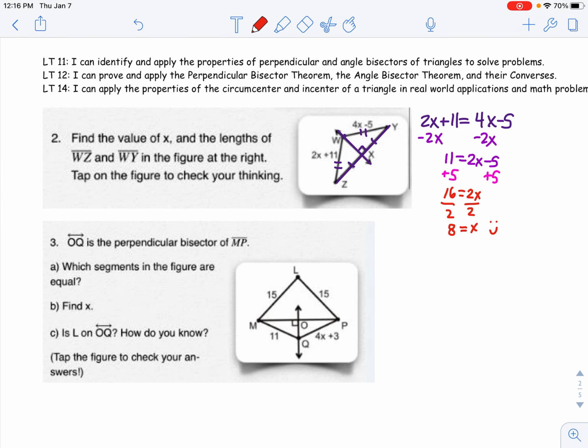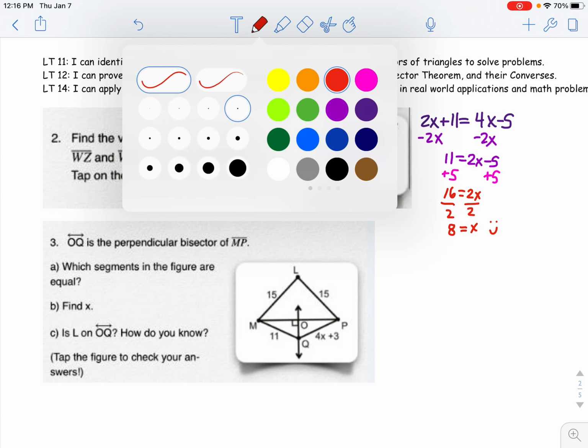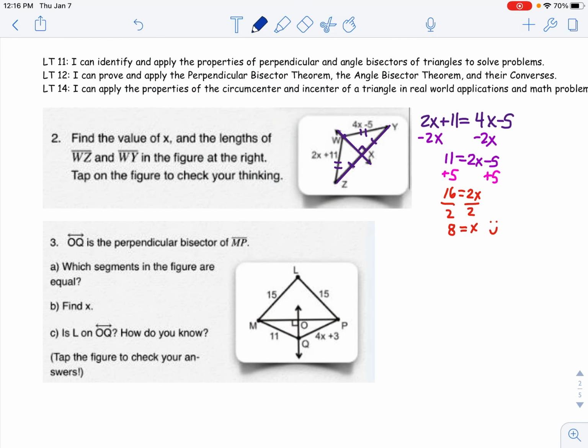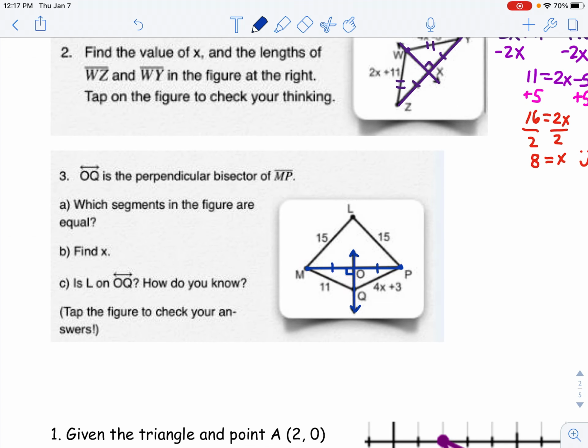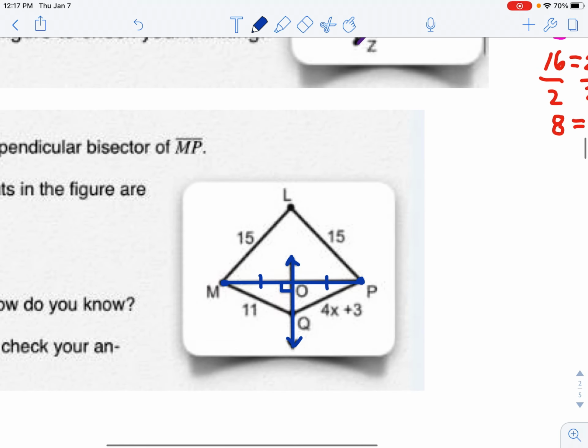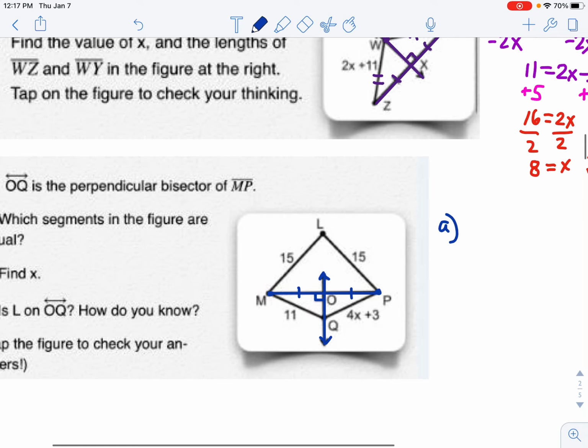All right, number 3, OQ is the perpendicular bisector of MP. So it's saying, just to emphasize things, this is a segment. This is the perpendicular bisector. It shows that it's perpendicular, but that means those two segments will be congruent. All right, which segments in the figure are equal? Well, I just wrote out one, so I'll write A over here.